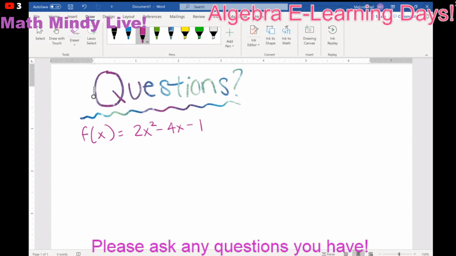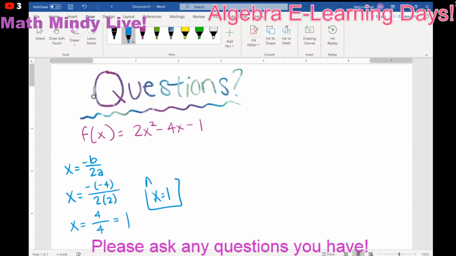So from this, we can find our axis of symmetry because x is -b/2a, which I'm sure some of you would probably be sick of hearing me say at this point. But negative b would be -4 and 2 times 2. And so that would leave me with +4 up top and +4 in the denominator, which tells me that my axis of symmetry is at x equals 1.